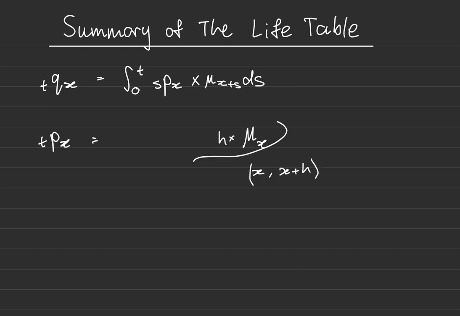Okay, so this here we'll interpret as the probability that they die within this time interval. So mu x plus s as this force of mortality is not actually interpretable as a probability.